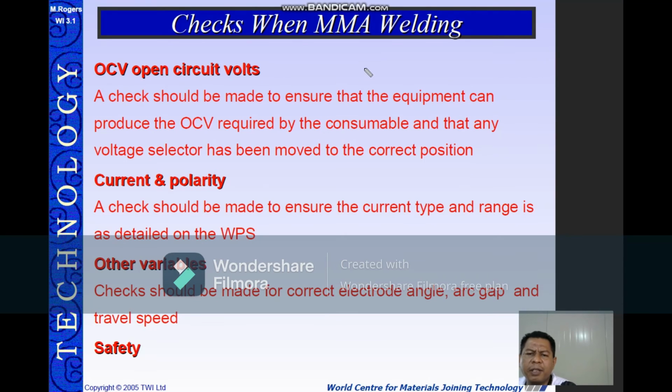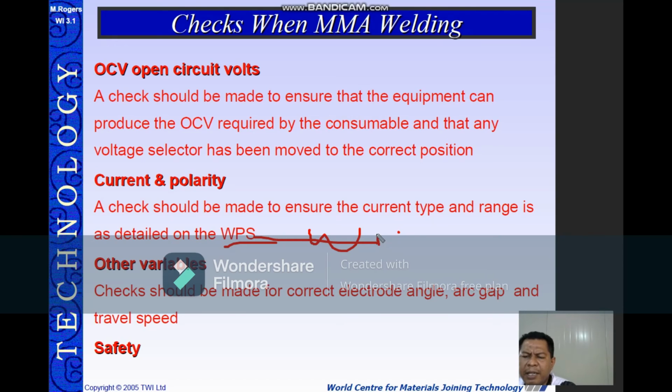Obviously, an open circuit voltage check should be made to ensure the equipment can produce the correct current and polarity. A check should ensure the current type and range are according to the WPS. WPS is the welding procedure specification.